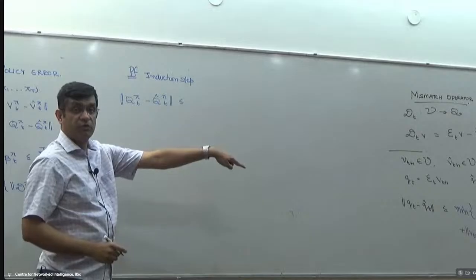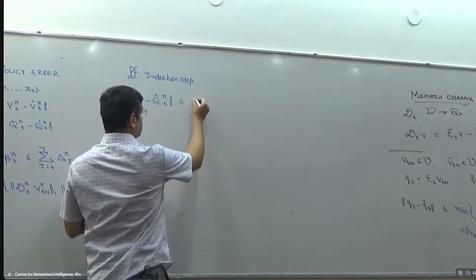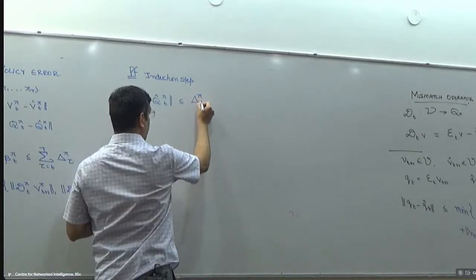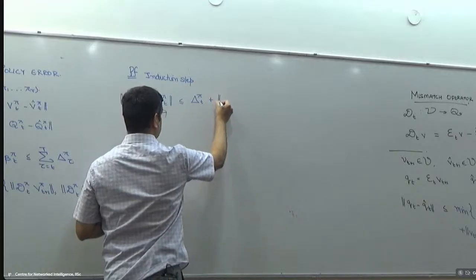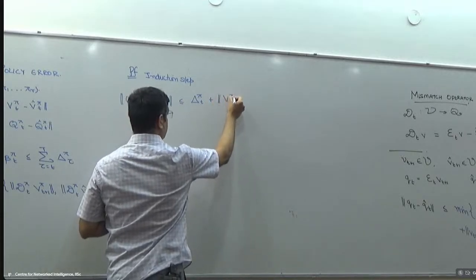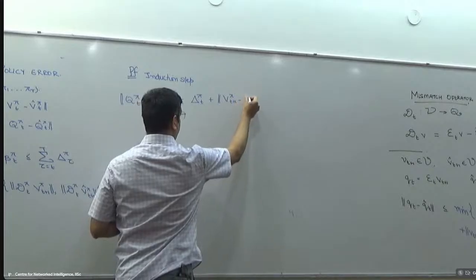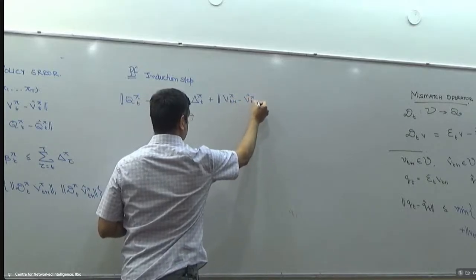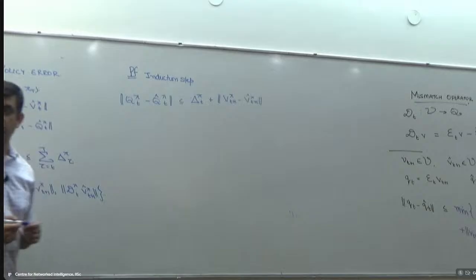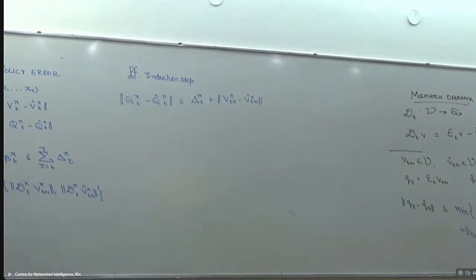From the one step lemma, this is equal to delta pi t plus the norm of v pi t plus 1 minus v hat pi t plus 1. And I am done. Substitute back my induction hypothesis, and I get back the result.